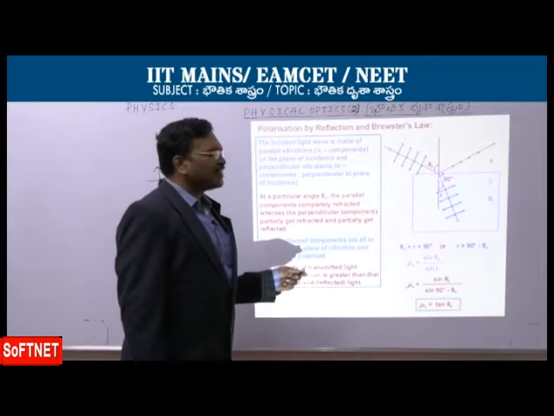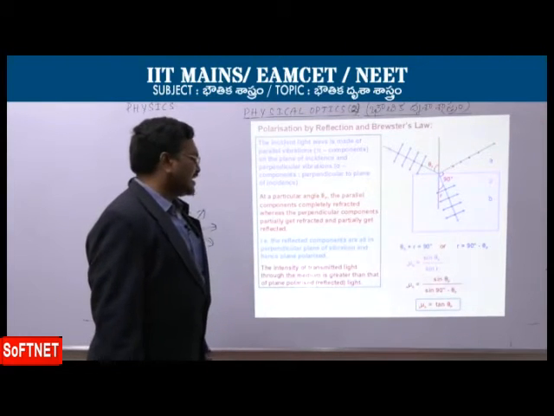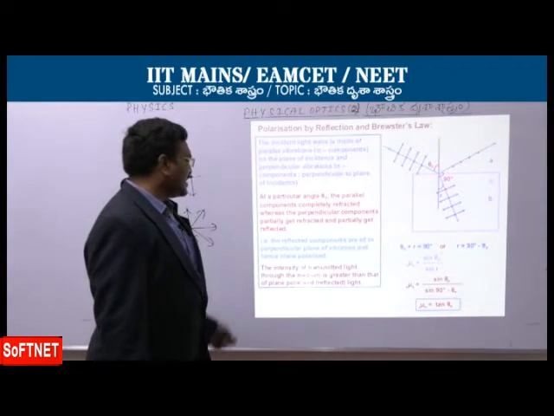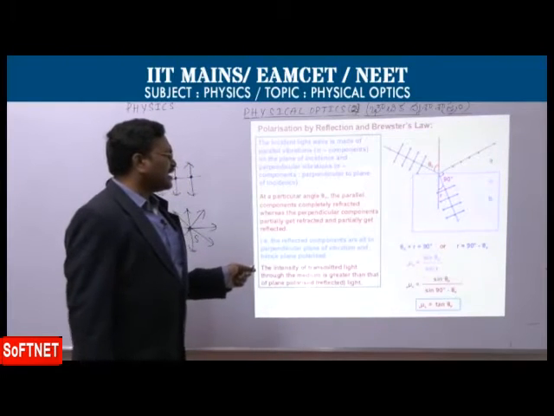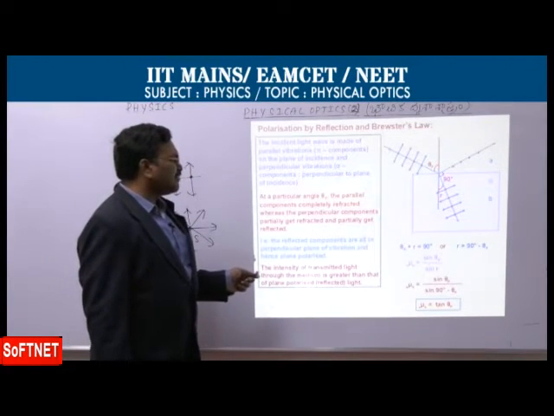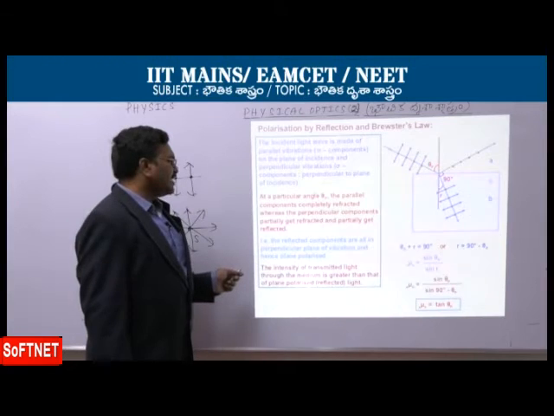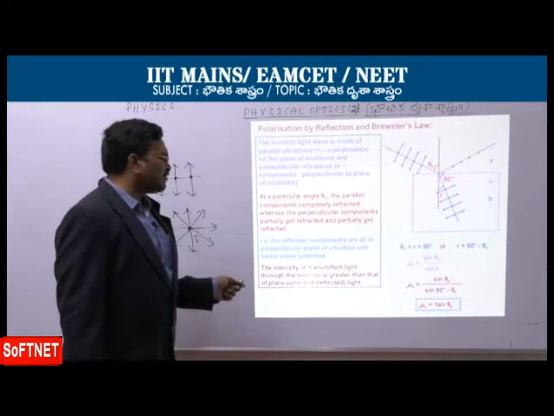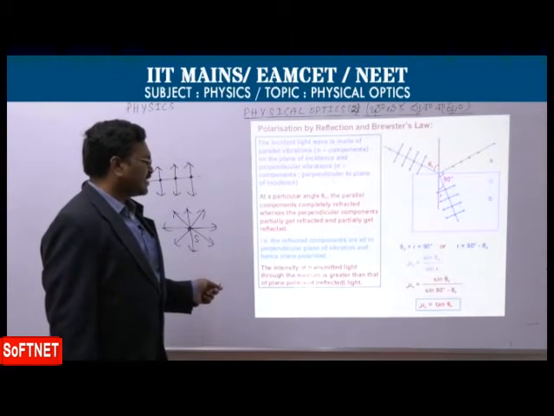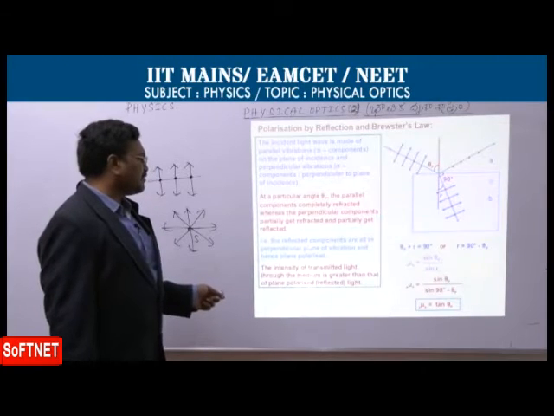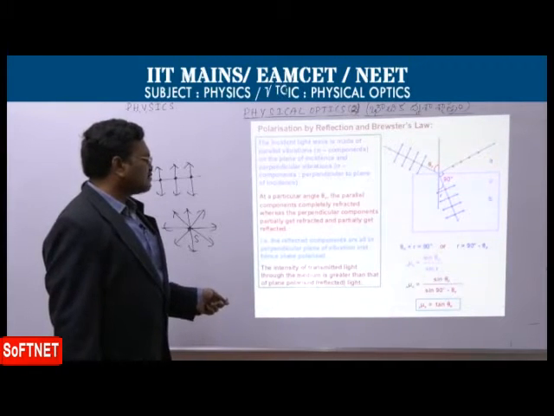That particular angle is called the polarizing angle. At the polarizing angle theta, the parallel components are completely refracted, whereas the perpendicular components are partially refracted and partially reflected. The reflected components all lie perpendicular to the plane of vibration and hence are plane polarized.